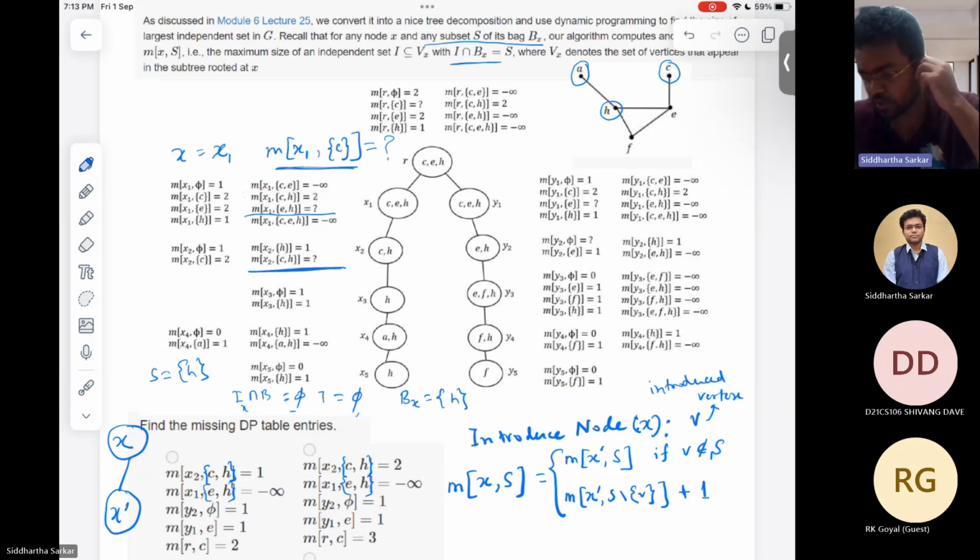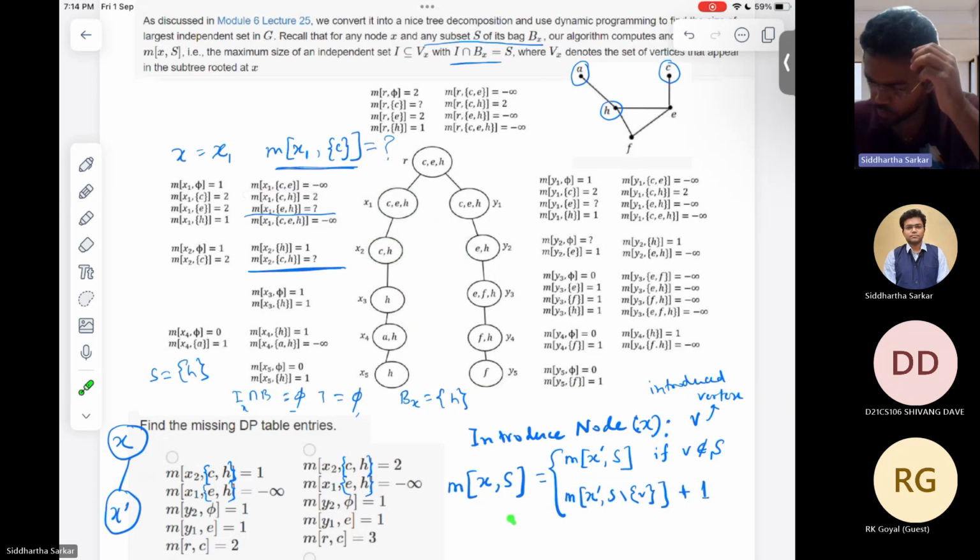Okay, so X1 is an introduce type of node because it introduces E. So the content of the bag corresponding to its child is C comma H. So in this node there is an additional vertex E. So E has been introduced in this.